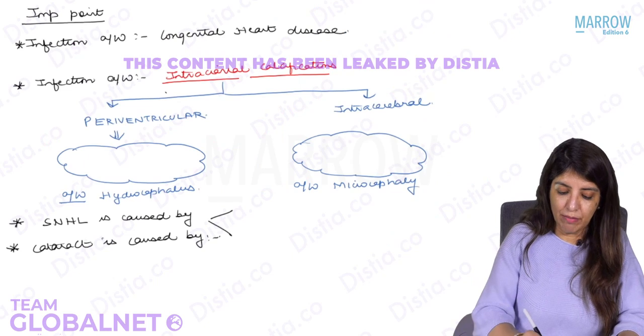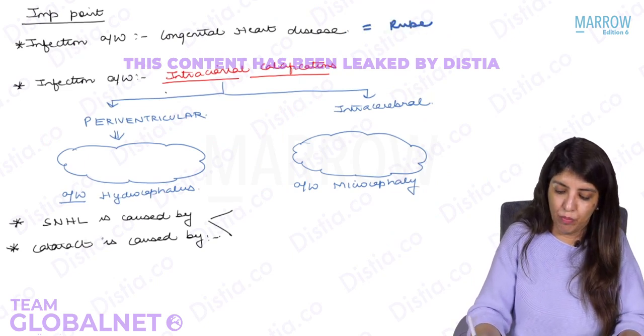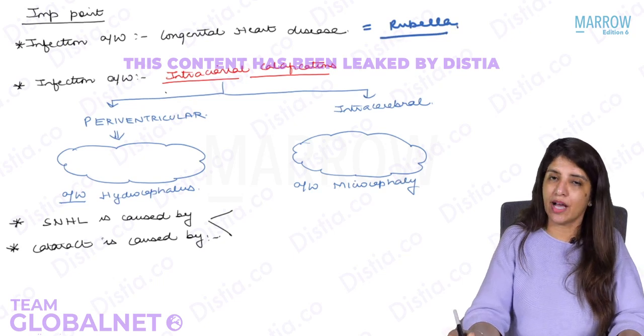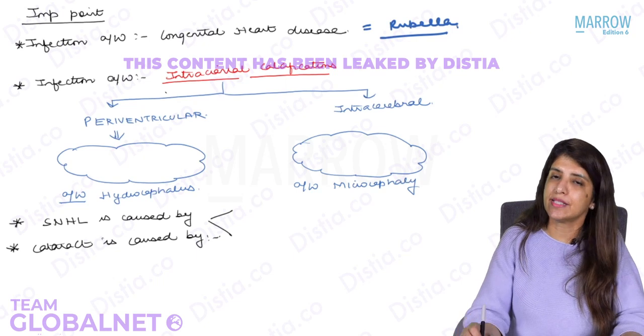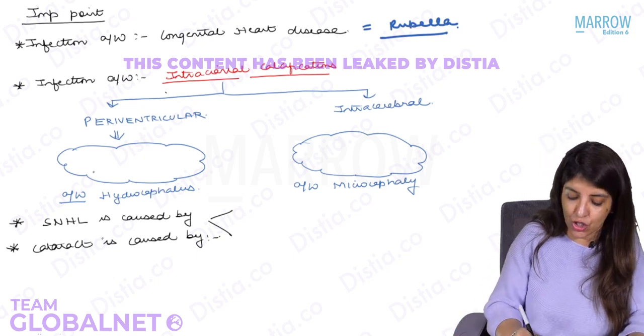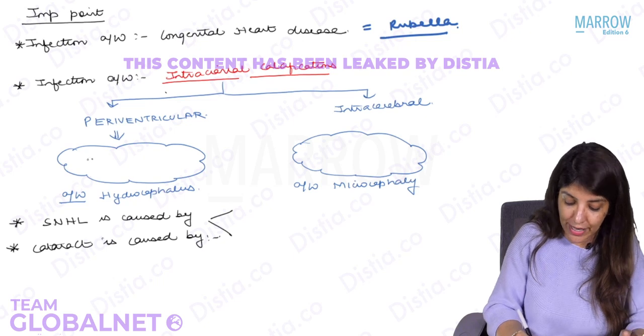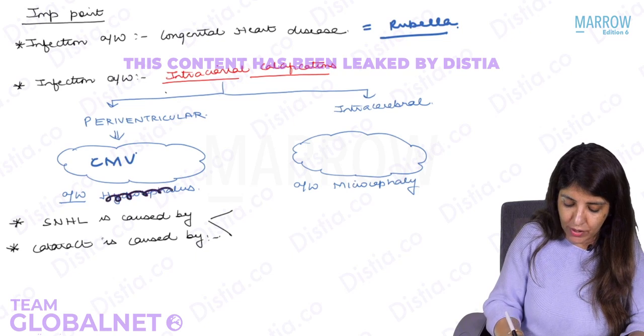Yes? So tell me, which infection is associated with congenital heart disease? Rubella is associated with congenital heart disease. In which infections were you getting intracranial calcifications? In cytomegalovirus and in toxoplasma. Periventricular calcifications you were getting in cytomegalovirus, and it was associated with microcephaly.